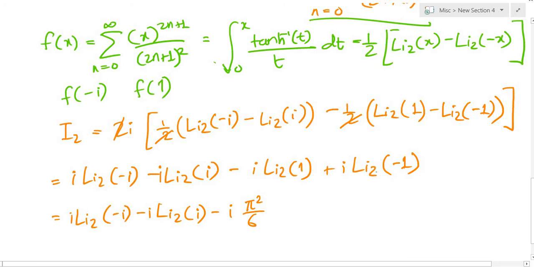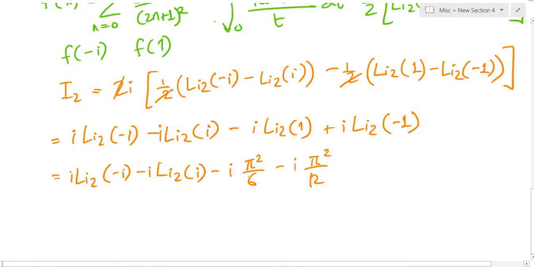Well, that's the negative of the Dirichlet eta of 2, which is pi squared over 12 basically. So first two terms as they are, and when I add these two things up, I have negative i times pi squared over 4.